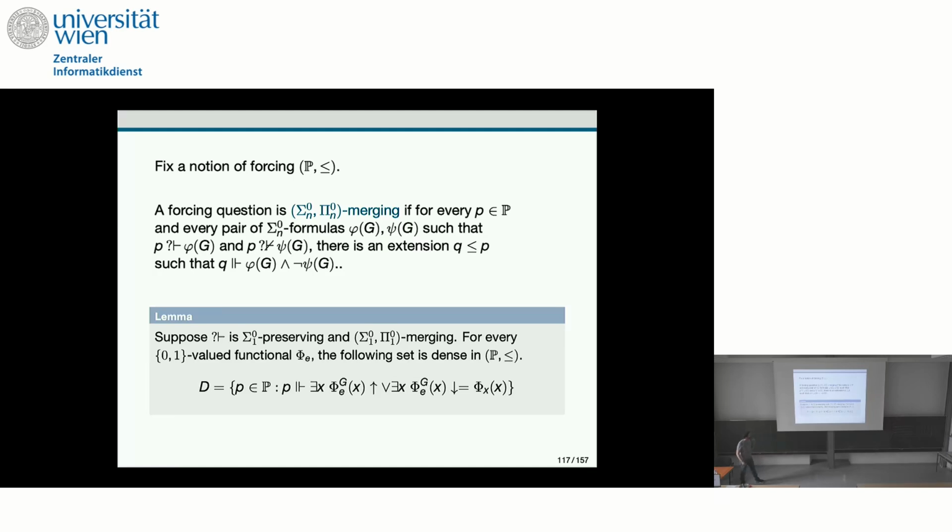And this is all we needed for making the argument work. So we can prove abstractly that if you have a sigma 0 1 preserving forcing question which is sigma 0 1 and pi 0 1 merging, then you can prove the density.